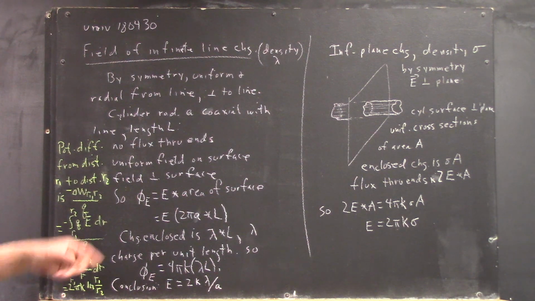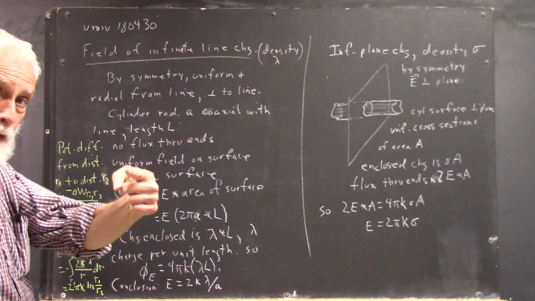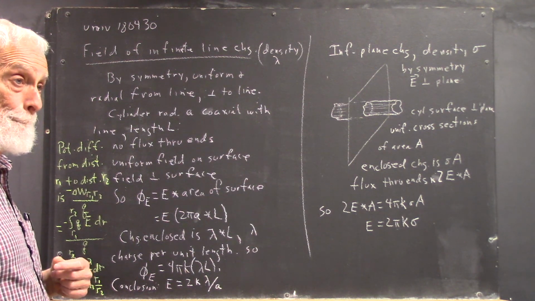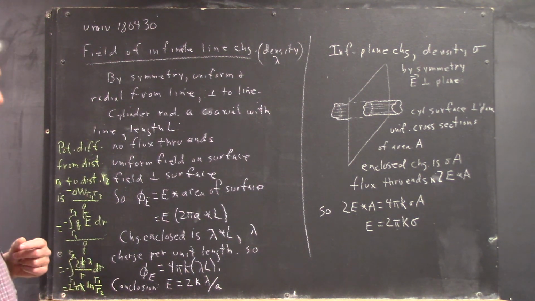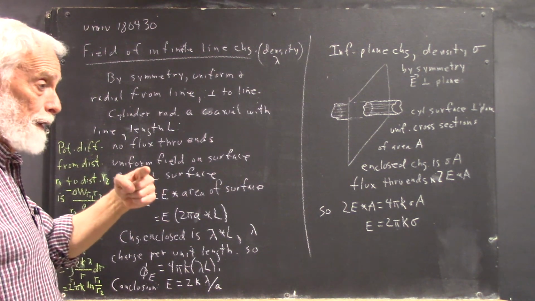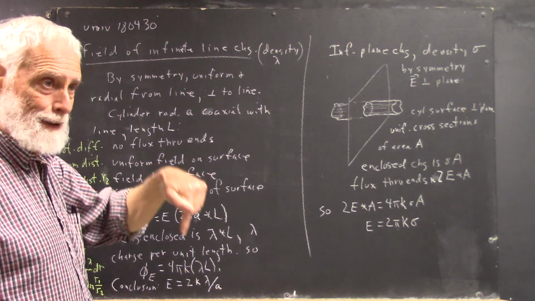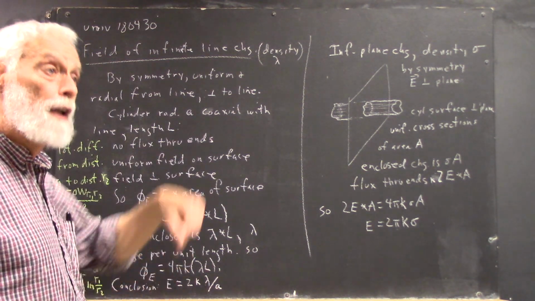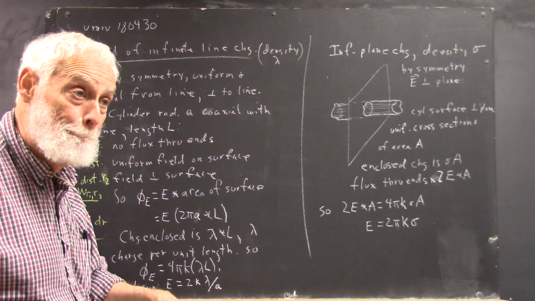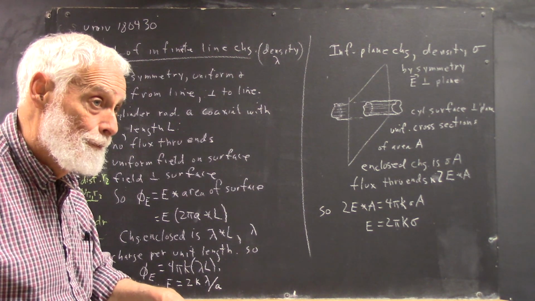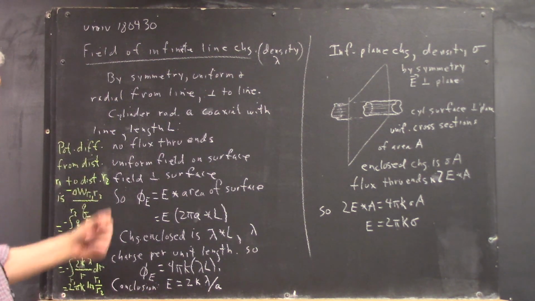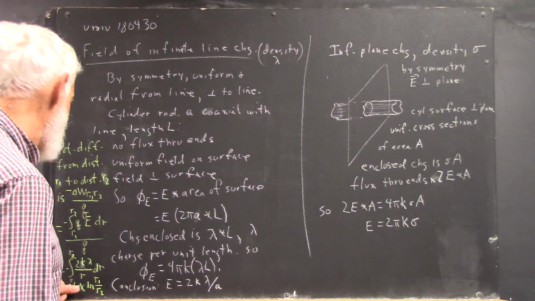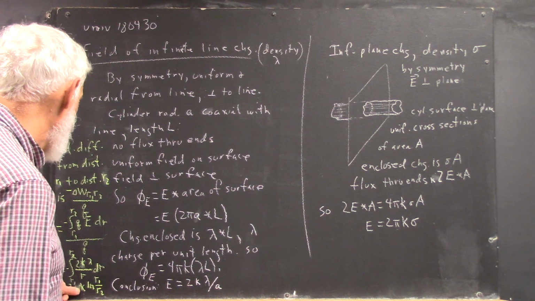If you have a positive line charge, then the field is in this direction. Okay? Meaning, it's analogous to having a gravitational field in this direction, right? If you move parallel to the gravitational field, your potential energy goes down, right? Okay? So if you have a positive line charge, that is, I keep wanting to write pi in there.